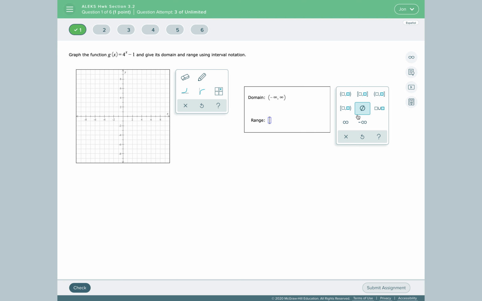And for the range, you have tangent to but above negative 1, going out to infinity. In terms of the horizontal asymptote, y cannot be equal to negative 1. All the values will be greater than negative 1.